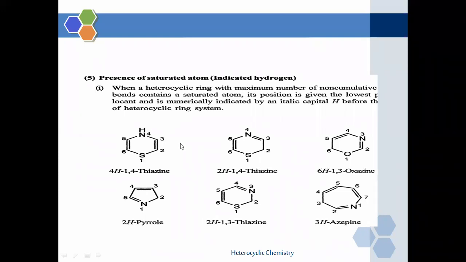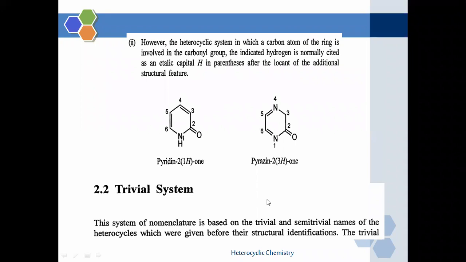If a compound has partial saturation and partial unsaturation, then a heterocyclic ring with the maximum number of non-cumulative double bonds containing a saturated atom has its position given the lowest possible location. See here, the sulfur is more preferred than the nitrogen, so we have assigned the lowest possible number to the sulfur rather than the nitrogen. Likewise, we use the knowledge of every rule to give the numbering to the system.